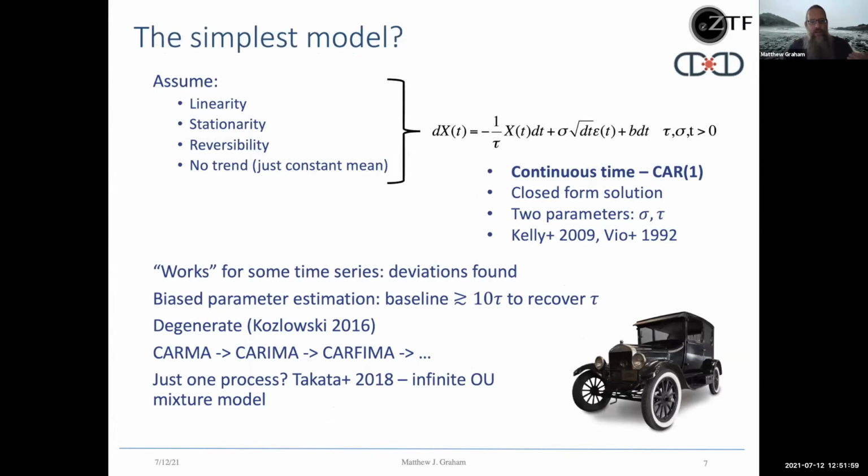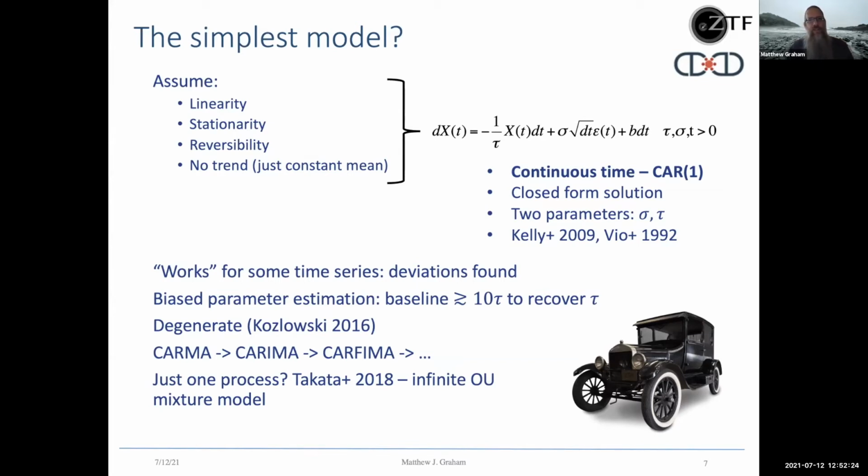So I said Scargill and Wold's theorem says that any process can be modeled as one of these ARMA models. And Brendan Kelly came around in 2009 and showed that the simplest ARMA model, the continuous autoregressive first order model, also known as the Ornstein-Uhlenbeck model, is a reasonable fit to describe AGN variability.